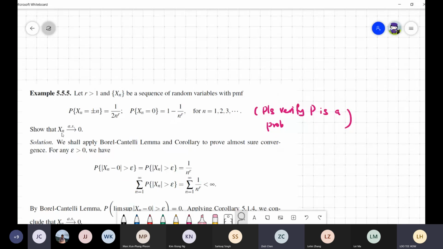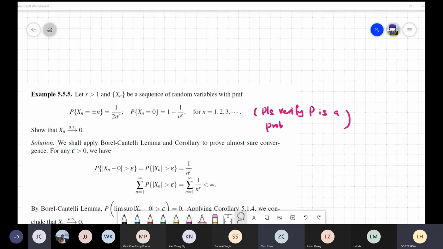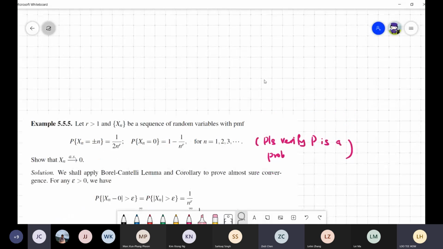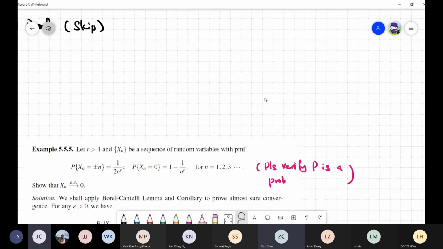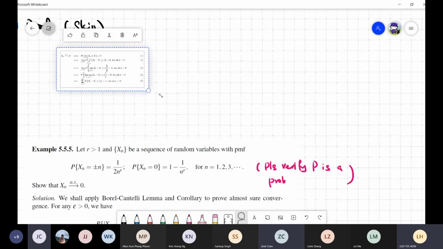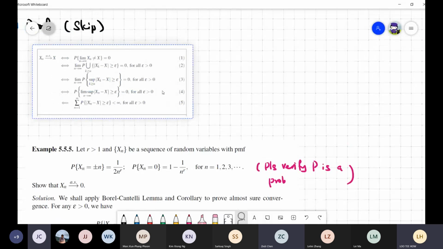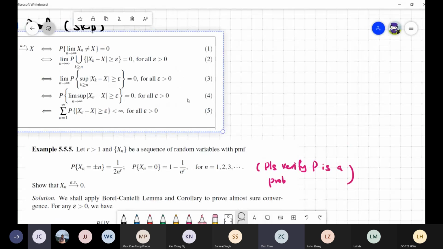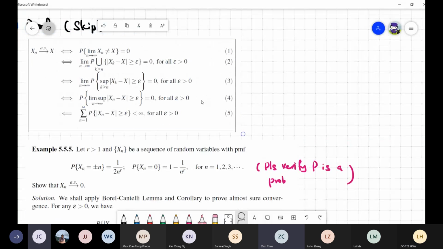So we want to show that Xn converges to 0 almost surely. Then we simply recall those criteria for almost sure convergence.